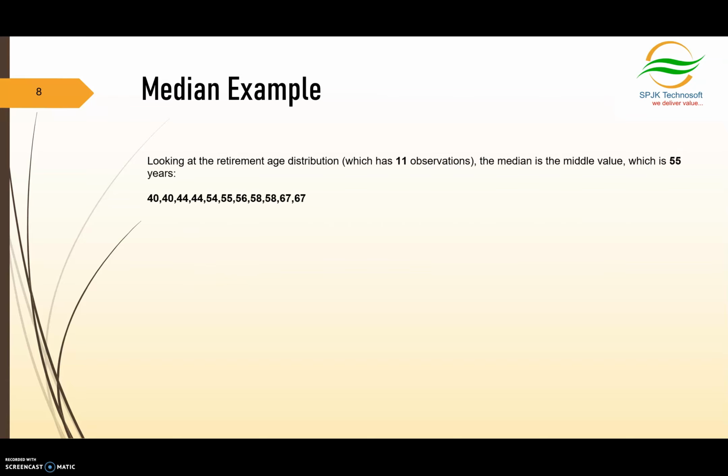Again, for the retirement age, we have sorted the data of 11 observations in ascending order, and if you observe, we see that 55 is the middle value. So this is the median. If you see, 5 data points are to the left and 5 data points are to the right of the middle value, which is 55. So in our data set of 11 observations, 55 is the median value.